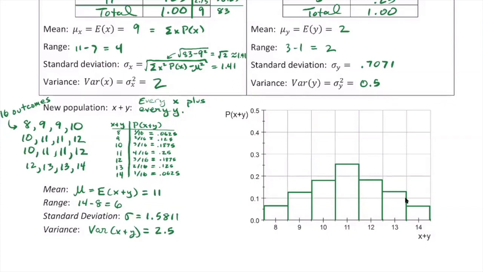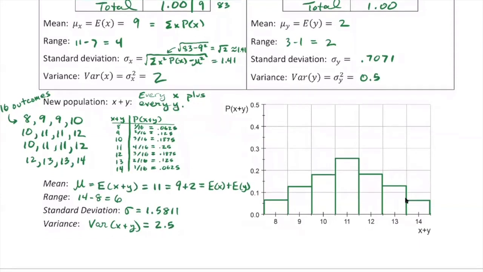The means, right? So the 11 for the mean is the 9 plus 2. This is 9 plus 2, which is the expected value or the mean of x plus the expected value or the mean of y. So when you add variables, the means add, which is also, we say the expected values add. So the expected value of x plus y is the expected value of x plus the expected value of y.